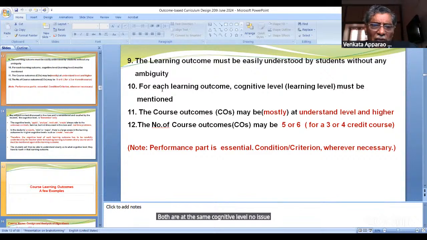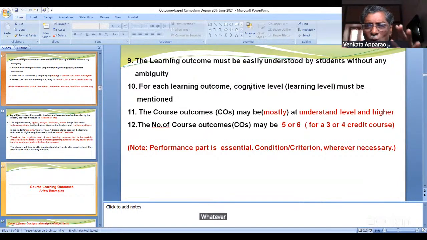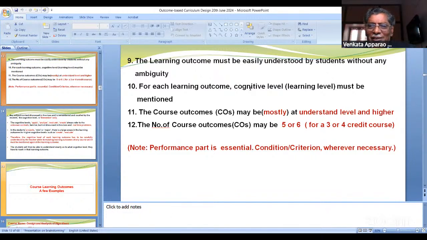Ninth guideline. The learning outcome must be easily understood by students without any ambiguity. Whatever you mean, whatever the students understand should be the same. Right? Therefore, the teacher, in my opinion, must have very good command on the medium of instruction.